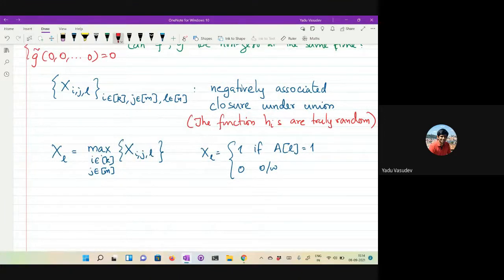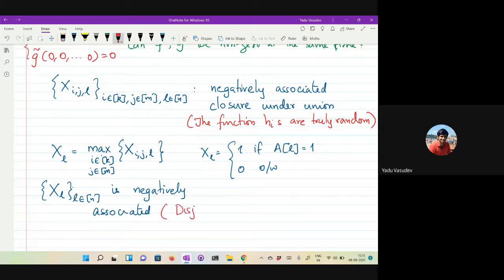And what we can say is that X_L is also negatively associated. So the set X_L, L in N, is negatively associated, right? Because of the disjoint monotone aggregation property.